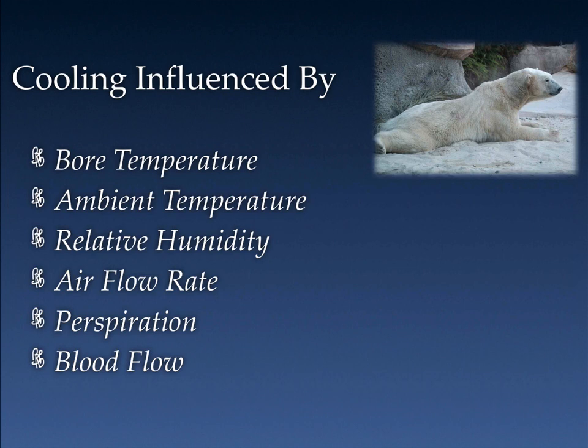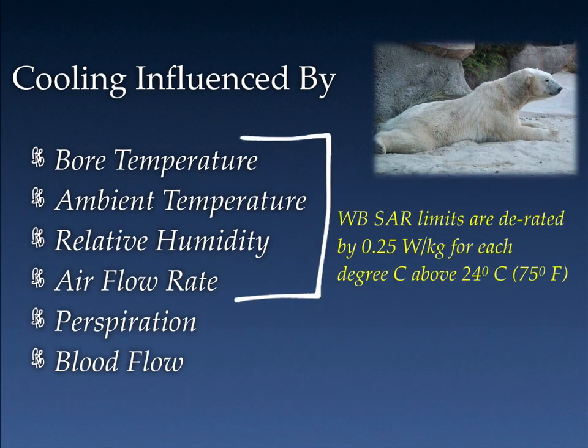Patient cooling is influenced by quite a few factors: the bore temperature, the ambient temperature, the relative humidity of the room, the airflow rate. These are environmental conditions. And whole body SAR limits will be derated by about 1/4 watt per kilogram for each degree Celsius above 24 degrees Celsius that the system senses the air temperature to be.